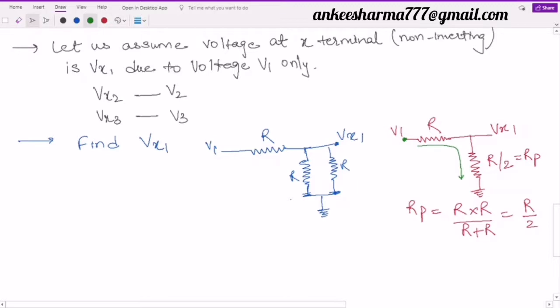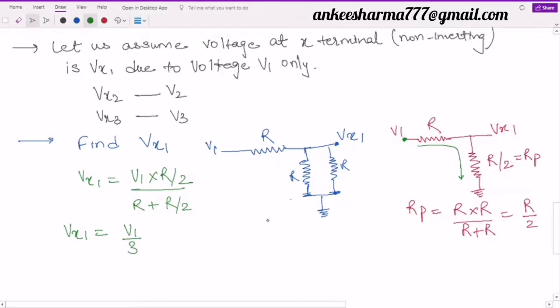So by simply making use of my voltage divider rule, I can say the value of Vx1 is equal to total voltage V1 into the resistance R by 2 divided by the sum of the two resistances, that is R plus R by 2. And when you calculate it, taking the LCM, it will be 3R, so Vx1 is equal to V1 by 3. So this will be my value.